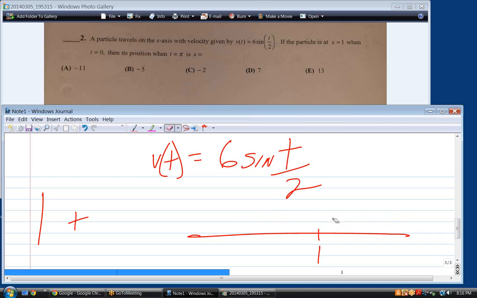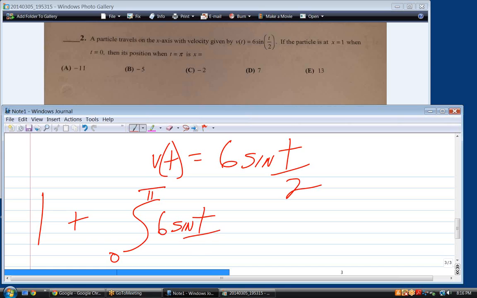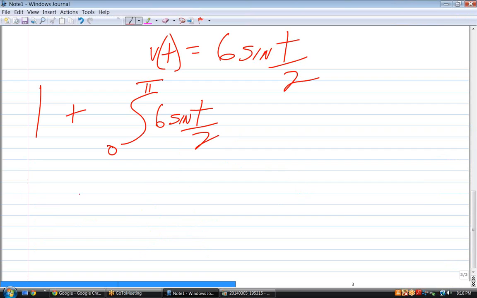So when they want to know where the particle ends up, you're talking displacement, not total distance. So we would do the total displacement from 0 to pi of that function. And this is a non-calculator. So let's do this. How do you evaluate that?